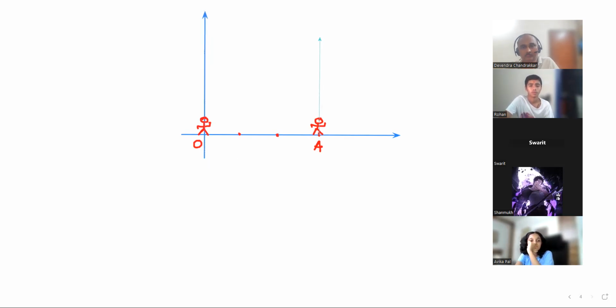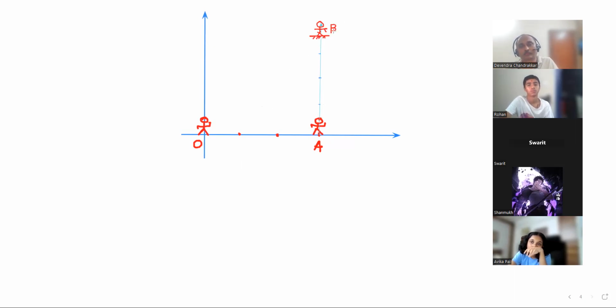So this is 1, 2, 3, and I'll make it 4. This is 4. Now pay attention. So this man has moved, he has reached this location. Say this point is B.